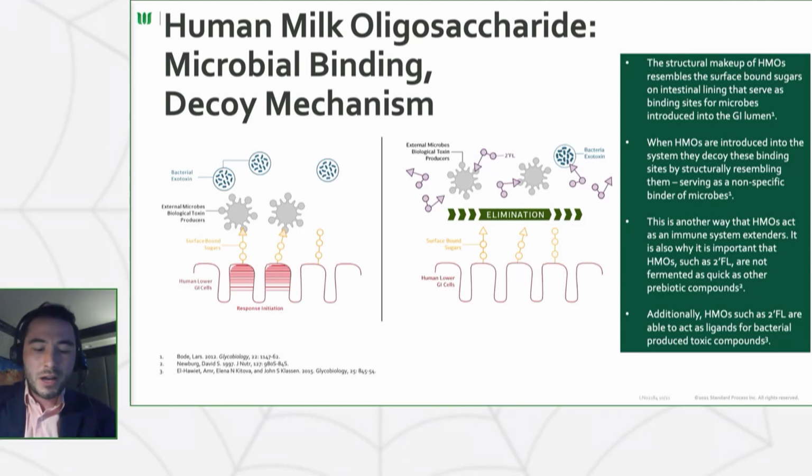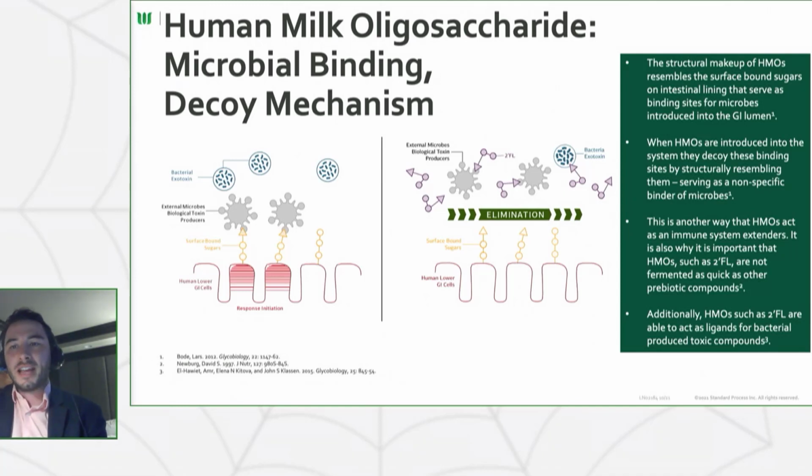This has also shown structural ligand binding potential towards certain exotoxins, and it's part of why you see fewer diarrhea episodes in breastfed infants than formula-fed ones.